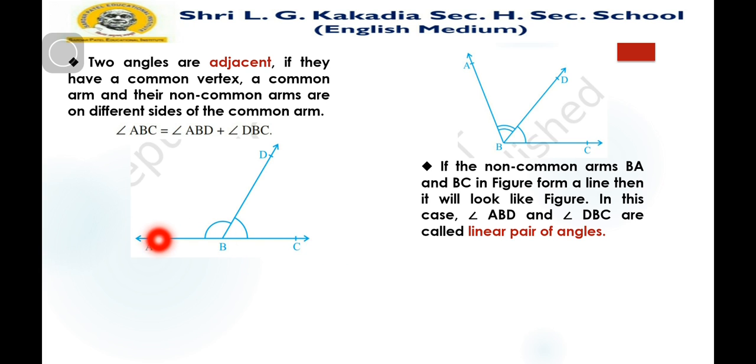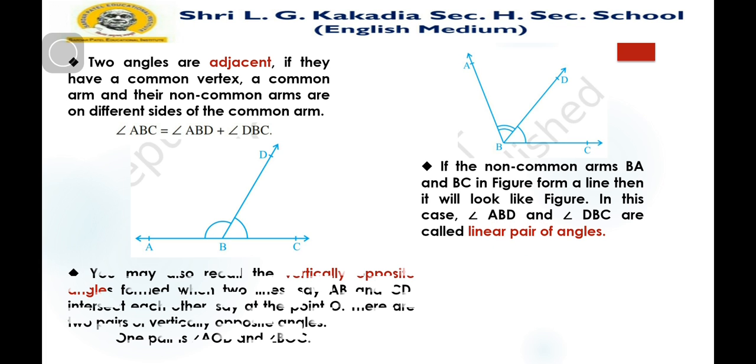So the two angles ABD and DBC are a linear pair, and the sum of both angles is 180 degrees, because angle ABC is 180 degrees. So the sum of ABD plus DBC is equal to 180 degrees. So both are also supplementary angles. So we can say that it's a linear pair of angles.